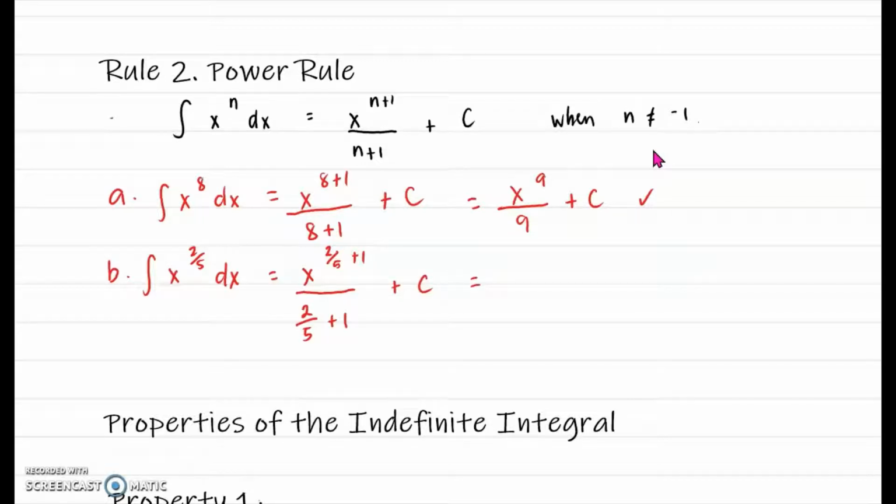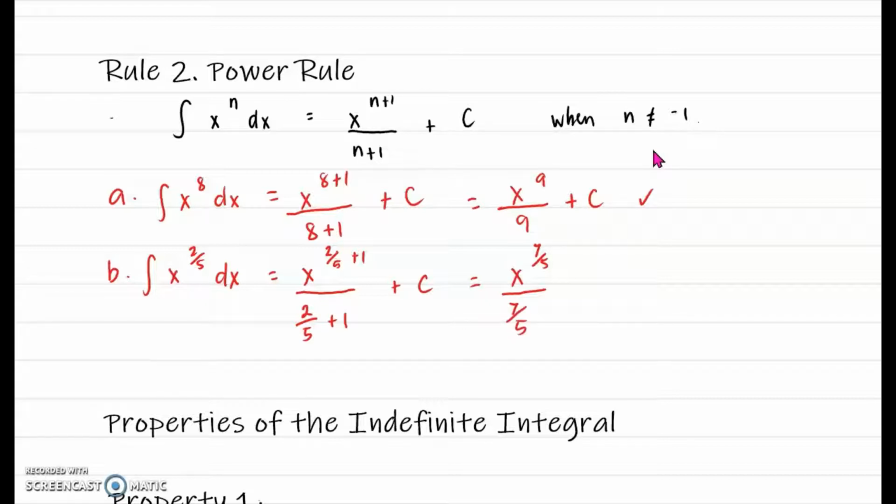So x raised to 2/5 plus 1, that's just equal to 7/5. So let's have 7 over 5 over, still the same with our denominator, 2/5 plus 1 is 7/5.